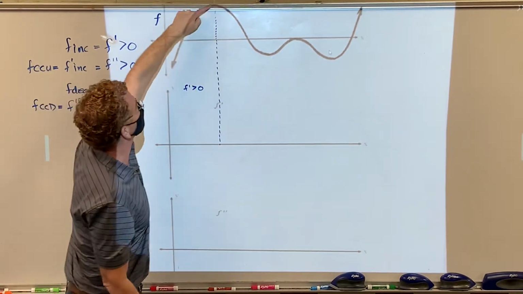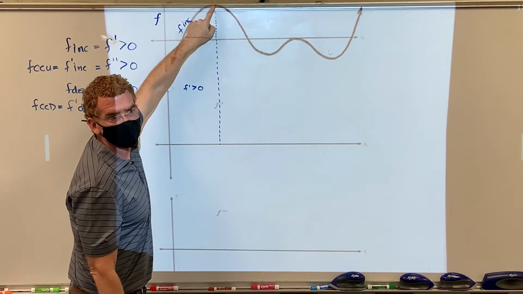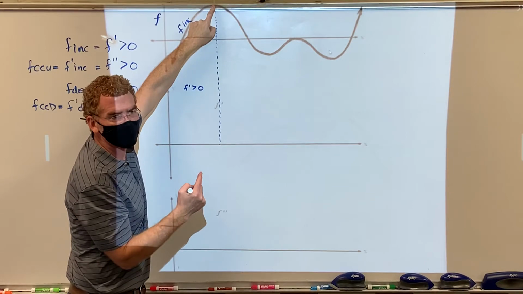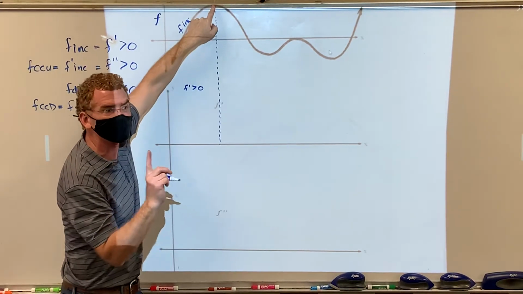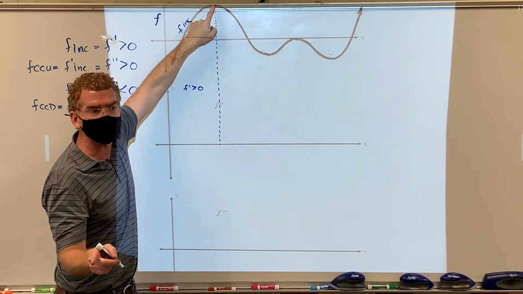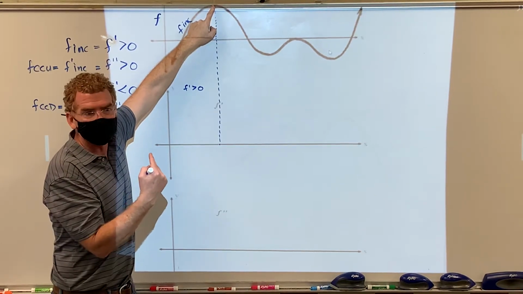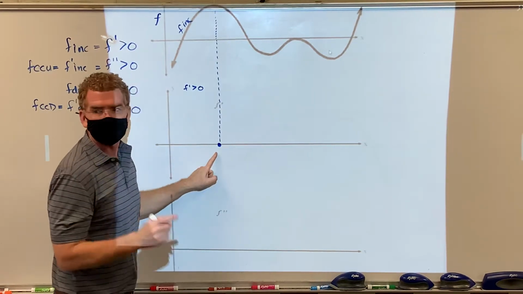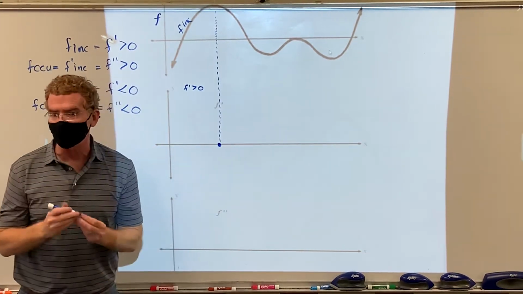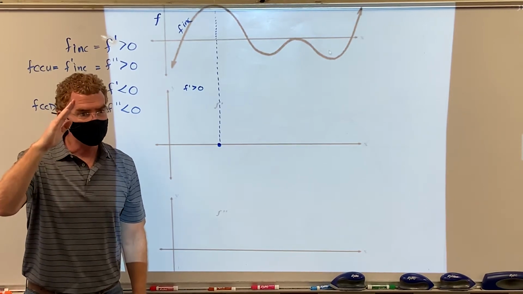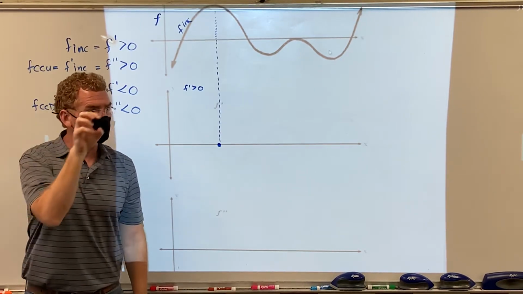Now, what do I know at the very top? The top is a relative max, right? So if that's a relative max up there, what do I know about relative maxes from the first derivative test? The derivative is 0 or DNE. It's 0 in here, right? So the derivative is 0. I know that. But I also know that on a relative max, the derivative goes from increasing, so positive, to negative.